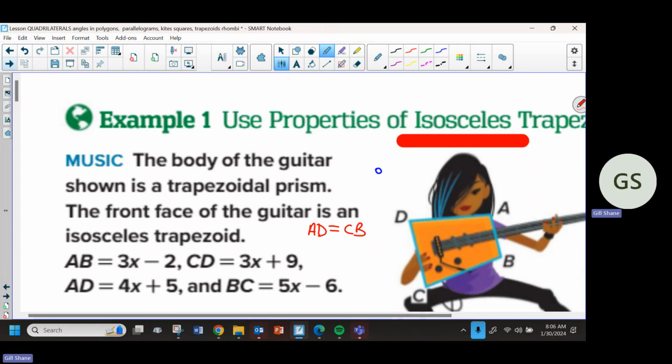Don't immediately try to jump into solving. Well, I know for an isosceles triangle, the legs are congruent. And I know now that those are the two legs because they would eventually hit. The legs will eventually hit. They're not parallel. Now I just need to substitute in, well, what does AD equal? And again, not a number, just those expressions are the lengths of the sides.